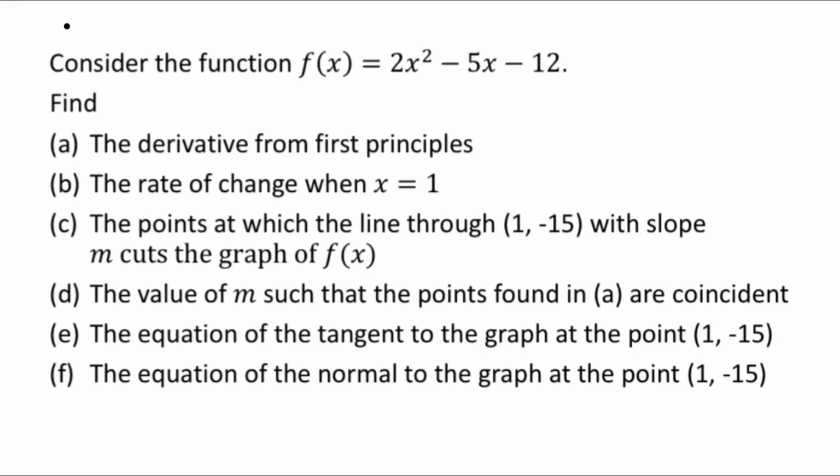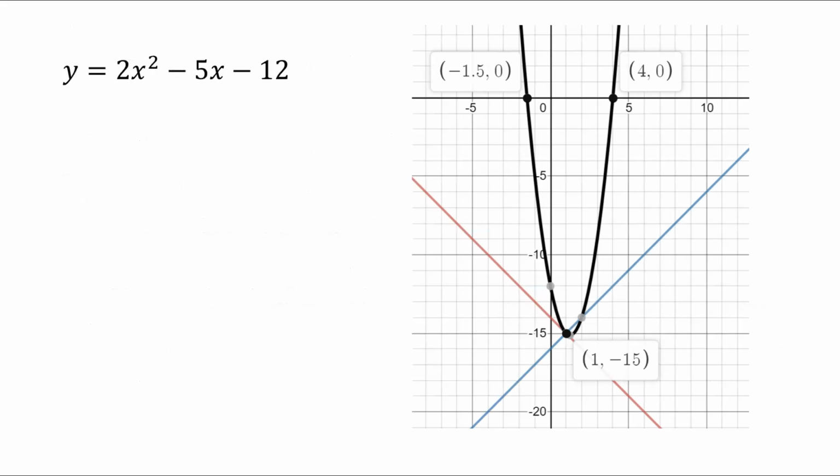They're repeated on the slide, so this is what we're looking at. We have a function, y equals 2x squared minus 5x minus 12. It's a parabola. It cuts the x-axis at negative 1.5, 0 and 4, 0. And the point that we are concerned with is this point at the bottom here, the point 1, negative 15.